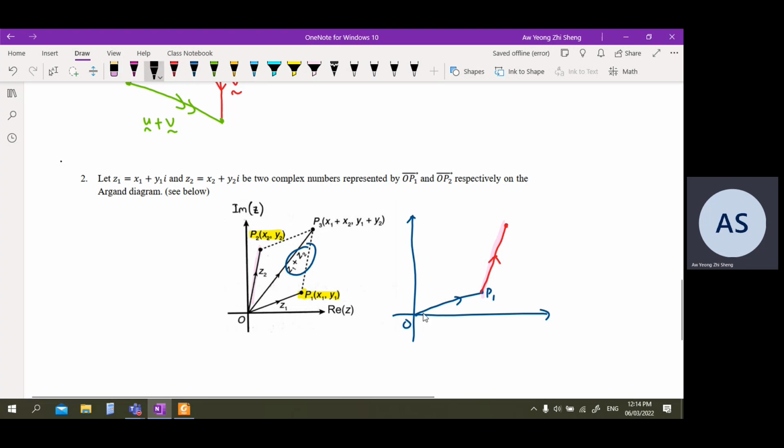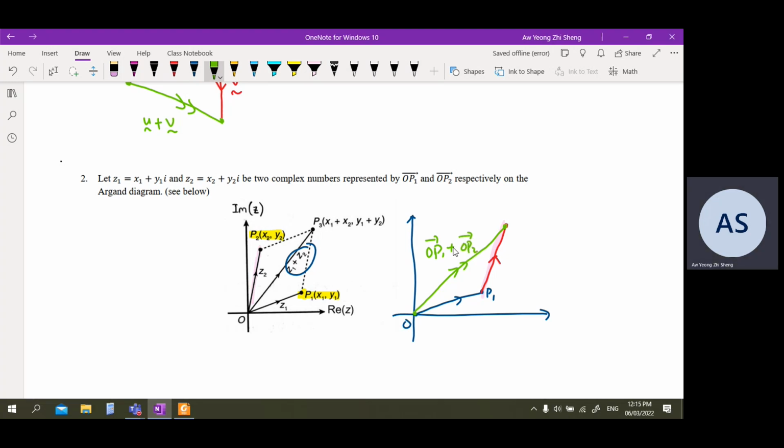So the blue vector is OP1, the red vector is OP2. If I connect from the very beginning starting point to the ending point there using a straight line, my green color vector will be the resultant vector that represents OP1 plus OP2.